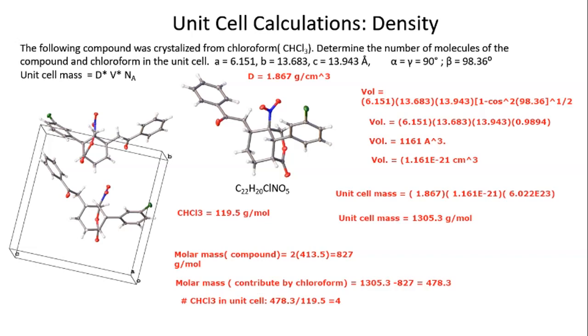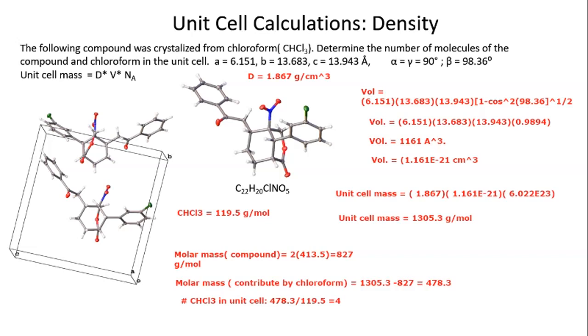So again, what we're showing you here is that if we know the number of molecules of the compound in the unit cell, we want to find the number of solvent molecules. This is the process that we need to do. We got to calculate the volume of the unit cell, we got to have the density of the unit cell. From that, we can determine the molar mass of the unit cell.